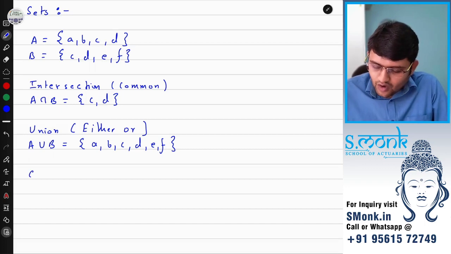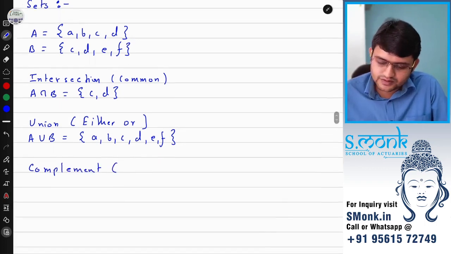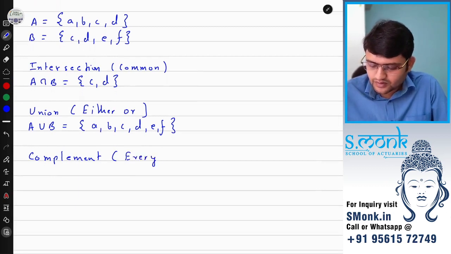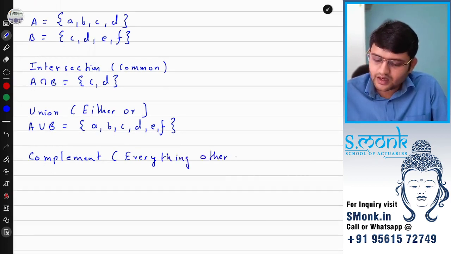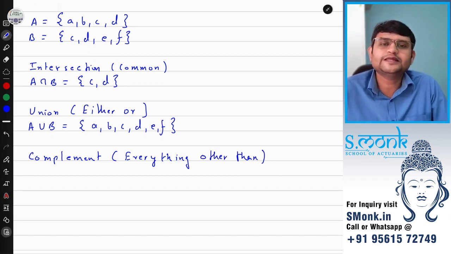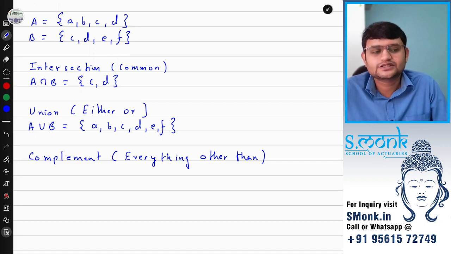Then we have complement. Complement means everything other than. The simple term complement just means it has something that completes this set.